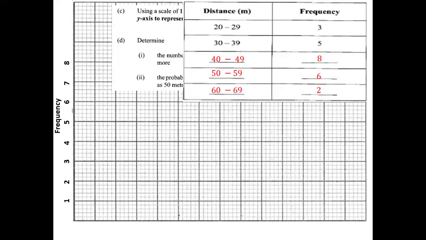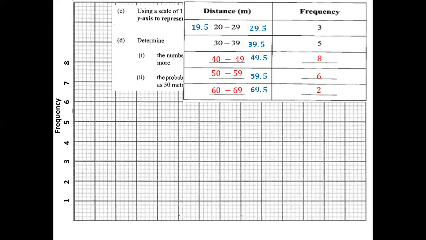Now, if we look back at our frequency table here, do you remember? 19.5 is our lower boundary and 29.5 is our upper boundary for the first class. For the subsequent classes, we're going to have 39.5, 49.5, 59.5, and 69.5. Now, the thing about the histogram, if you are comparing with the bar graph, is that the bars on the histogram are joined together.